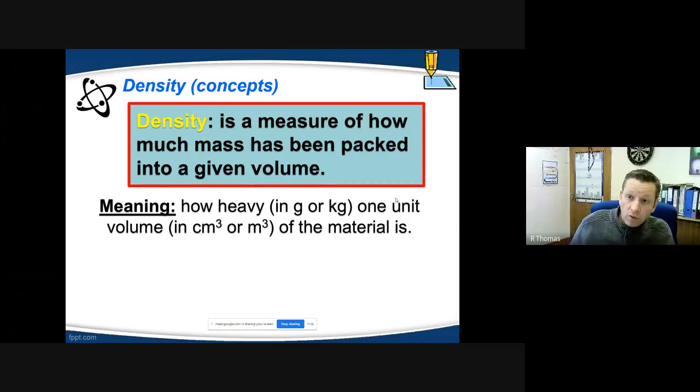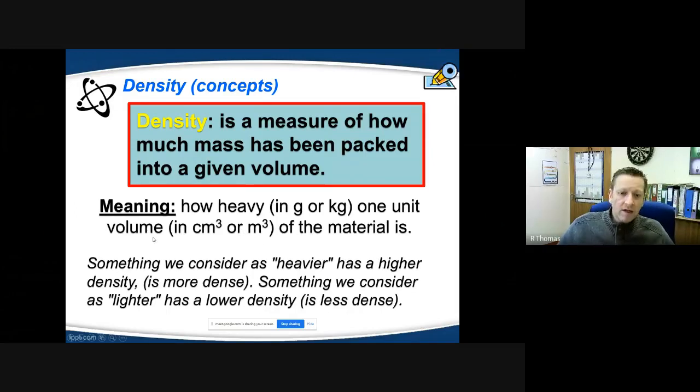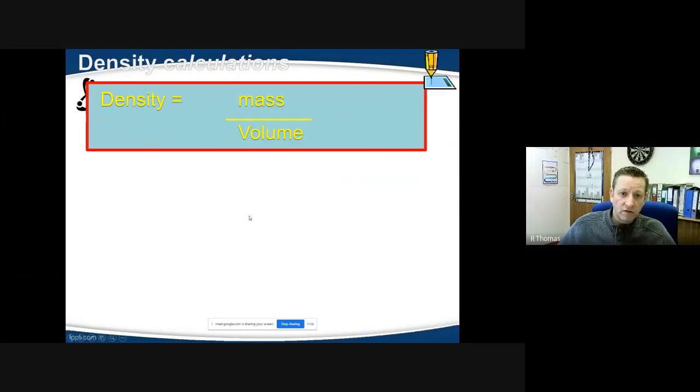And that is because it is more dense, okay? Obviously, we're measuring mass in grams and kilograms and volume in centimeters cubed or meters cubed. You could use millimeters cubed if you're talking of very small objects, and you could use micrograms as well. So something we consider as heavier has a higher density, which means it's more dense. Something we consider as lighter has a lower density, it's less dense, right? So all pretty self-explanatory so far.